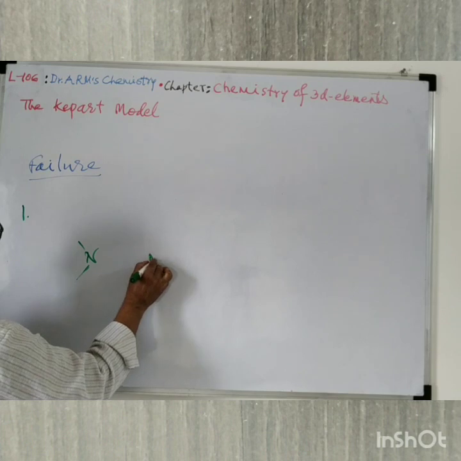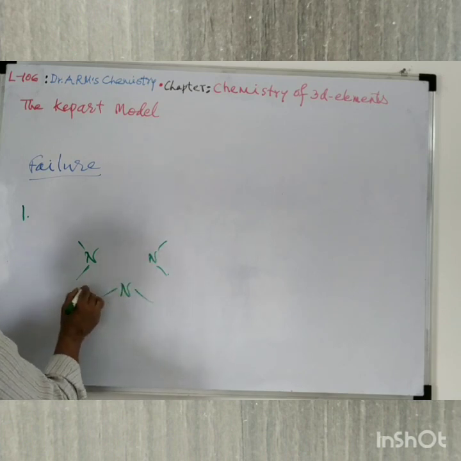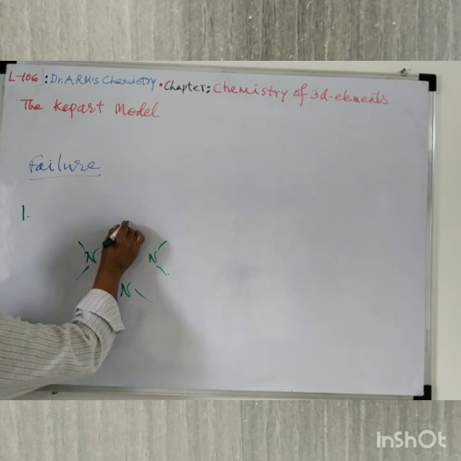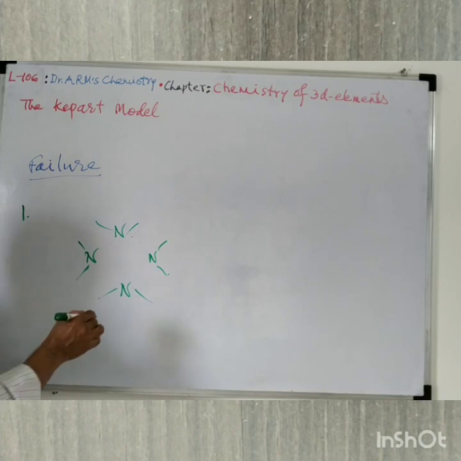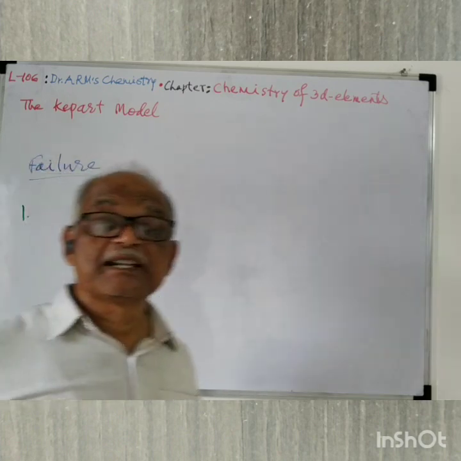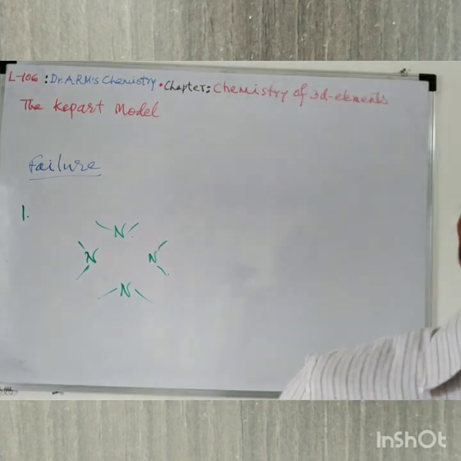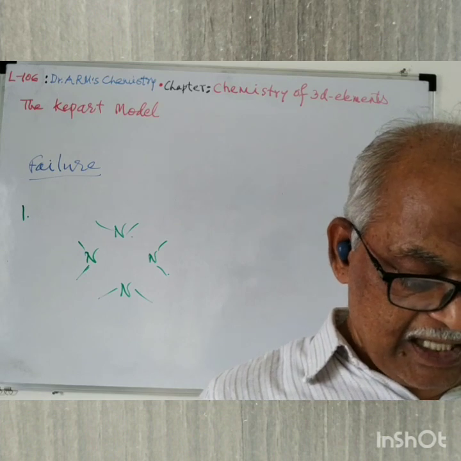I am not showing the complete structure. The 4 nitrogens of the porphyrin ring are present in a square planar form. So this is not explained by the Kepert model.